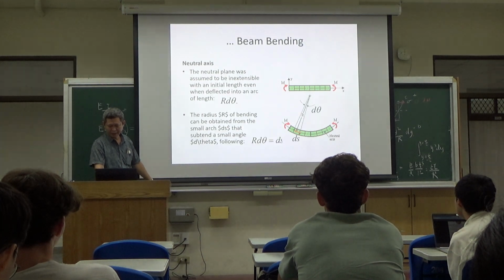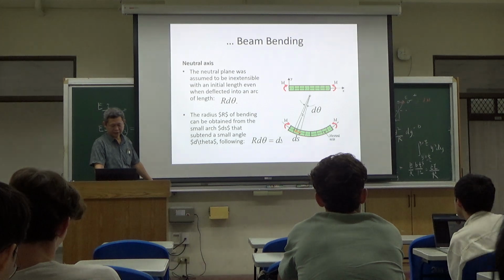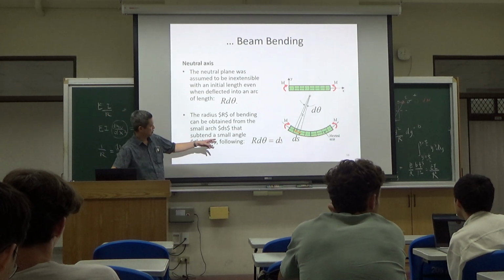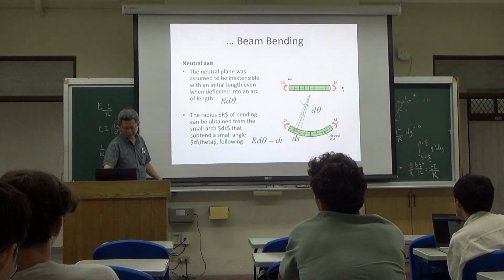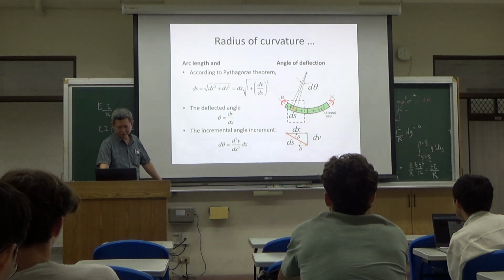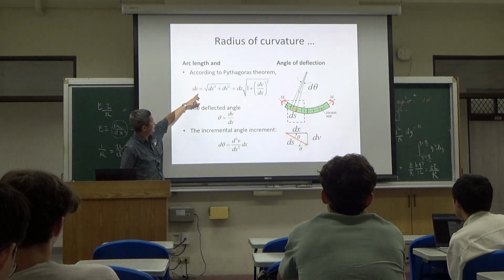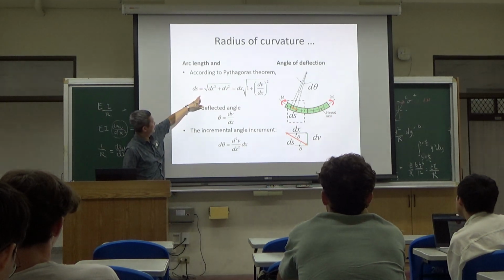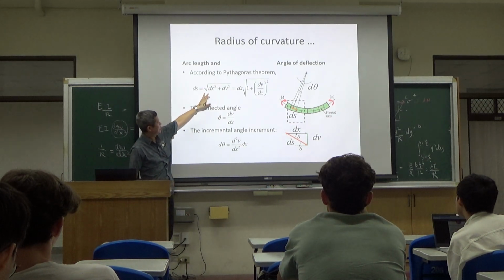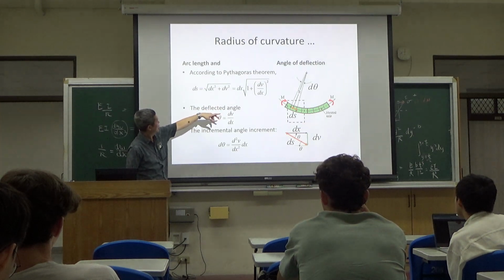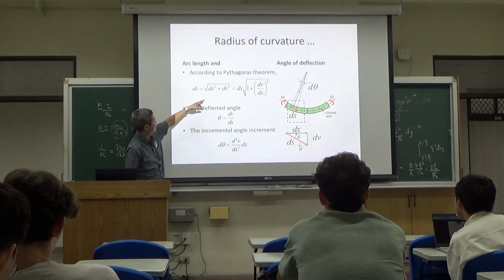It can be described using radius times the angle. If you now take this arc length, you can find the arc length is the angle change times the radius.